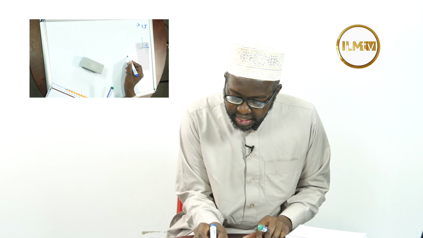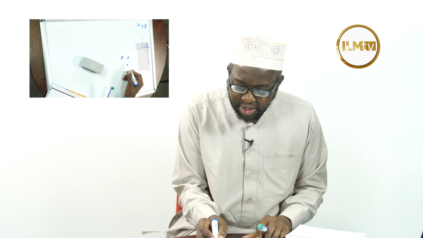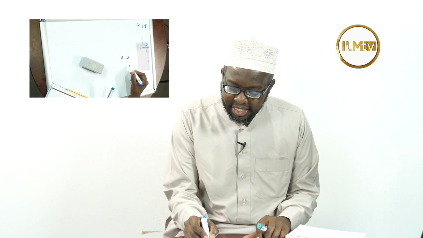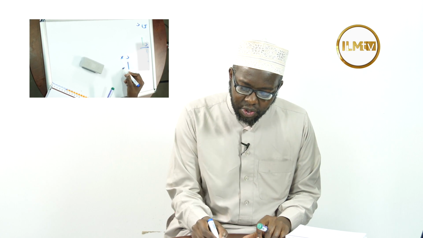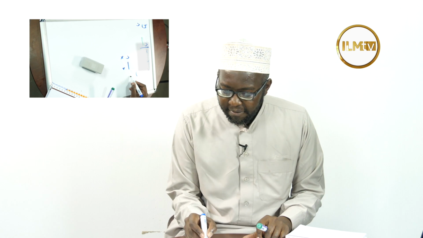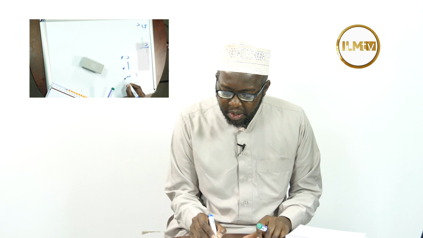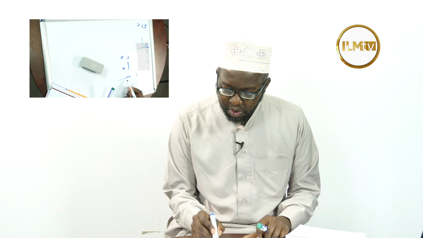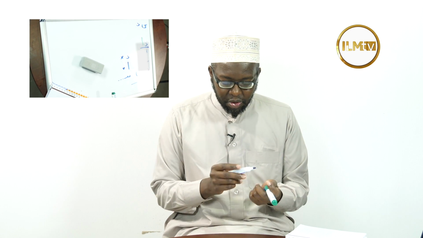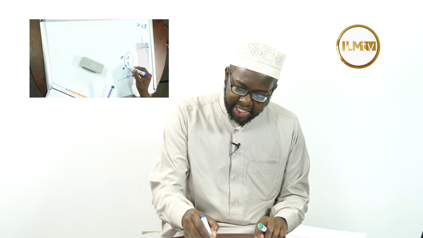So D does not join to what comes after, and A does not join to what comes after, but S always joins to what comes after. So we have non-connectors and we have connectors. So we will notice Arabic words, some have spaces and some do not have spaces. I hope that is clear.